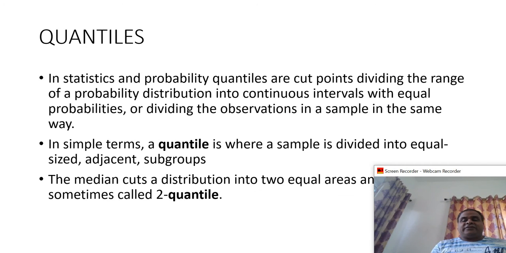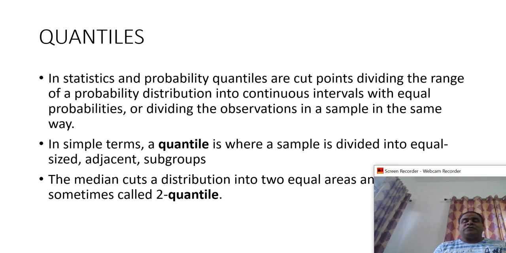See, quantiles. First, we will understand what is quantile. In statistics and probability, quantiles are cut points dividing the range of a probability distribution into continuous intervals with equal probabilities, or dividing the observations in a sample in the same way.